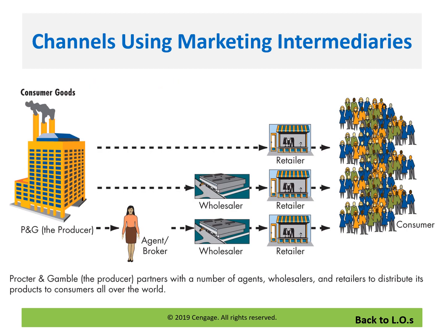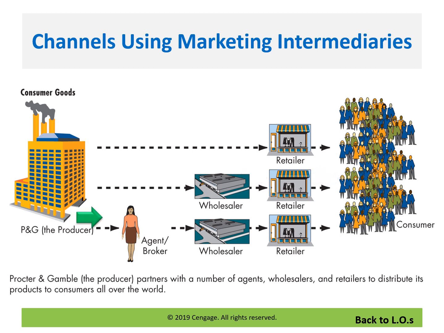Here are the different configurations of distribution channels using intermediaries. One is from the producer, through the retailer, and then to the customers. Another is from the producer, through the wholesaler, then the retailer, and then to the customers.